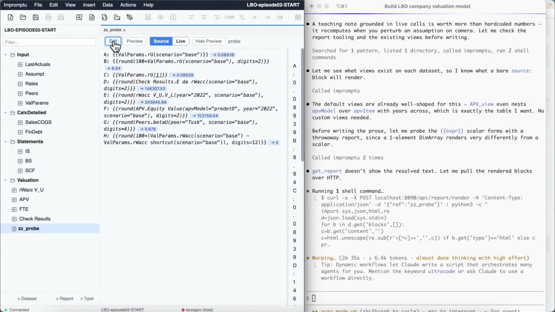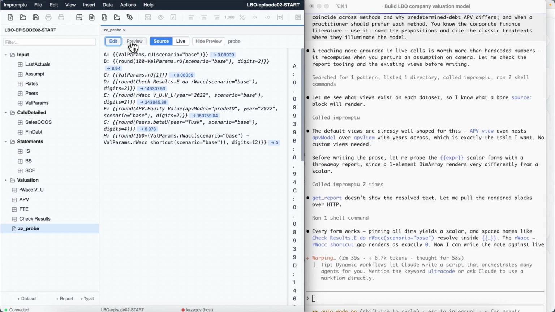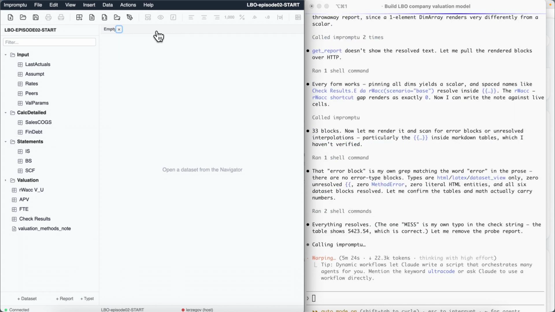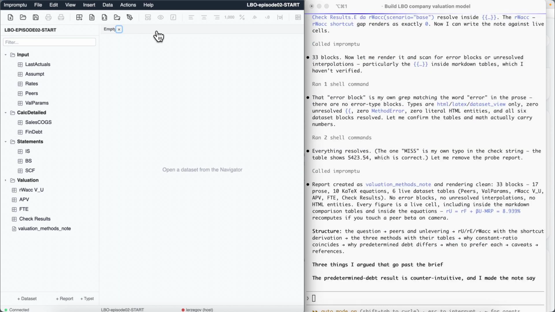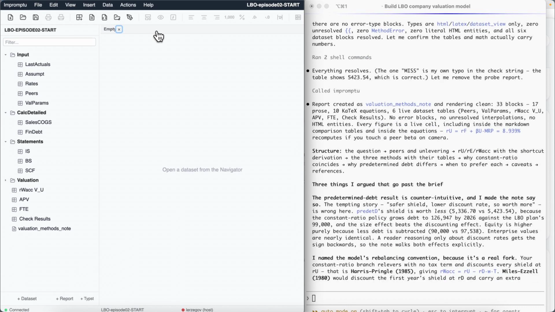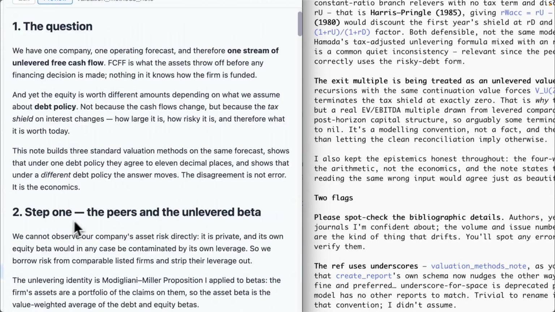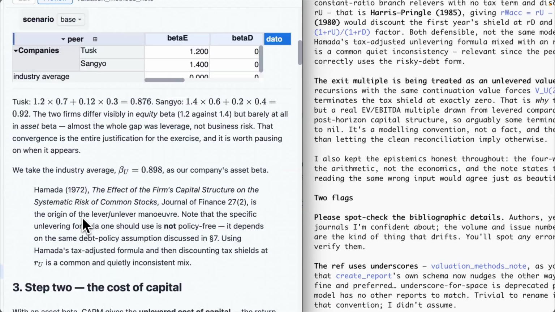Look at this. Before building the actual report, the assistant rehearses the general techniques to build reports in Impromptu. And look at what comes back.